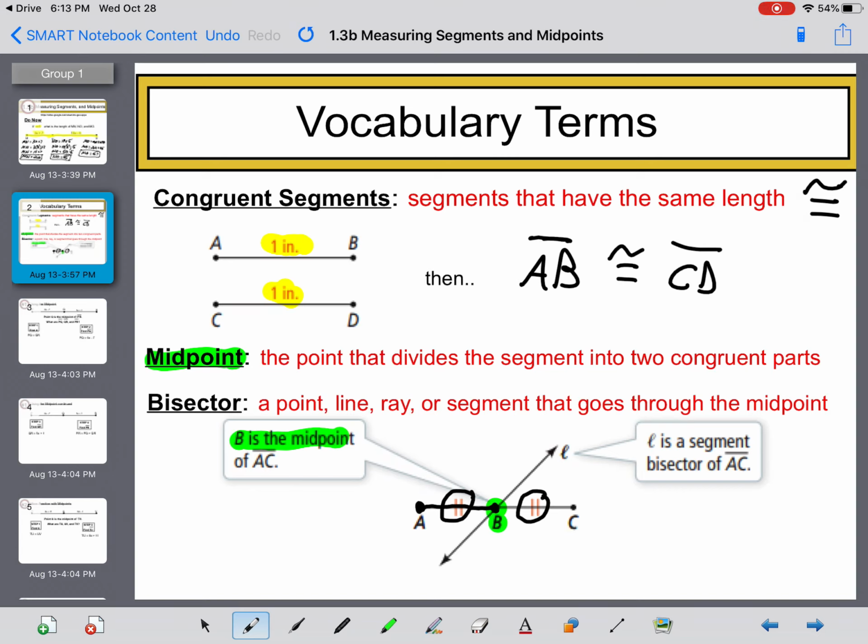Okay, I'll clear that up. So B is your midpoint, and your bisector is any line or ray or point that goes through the midpoint. Like line L here, that's a bisector because it cuts AC in half.